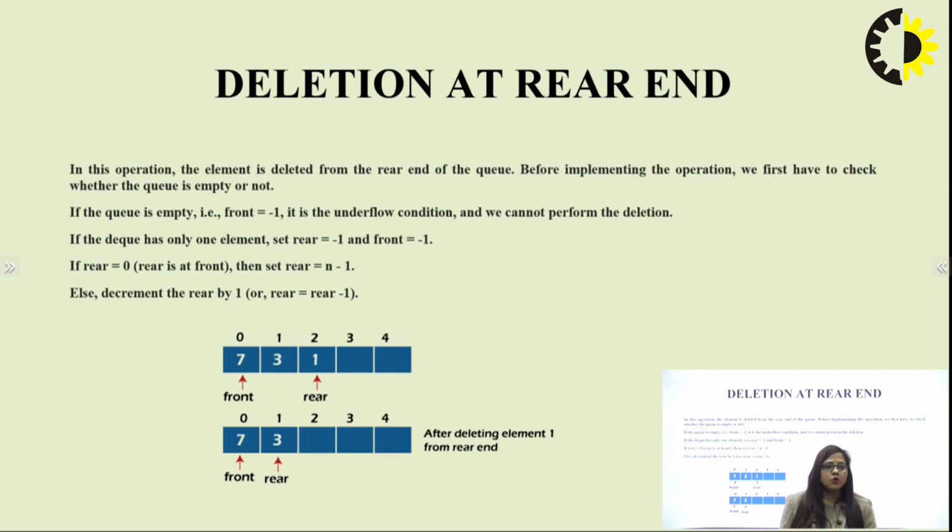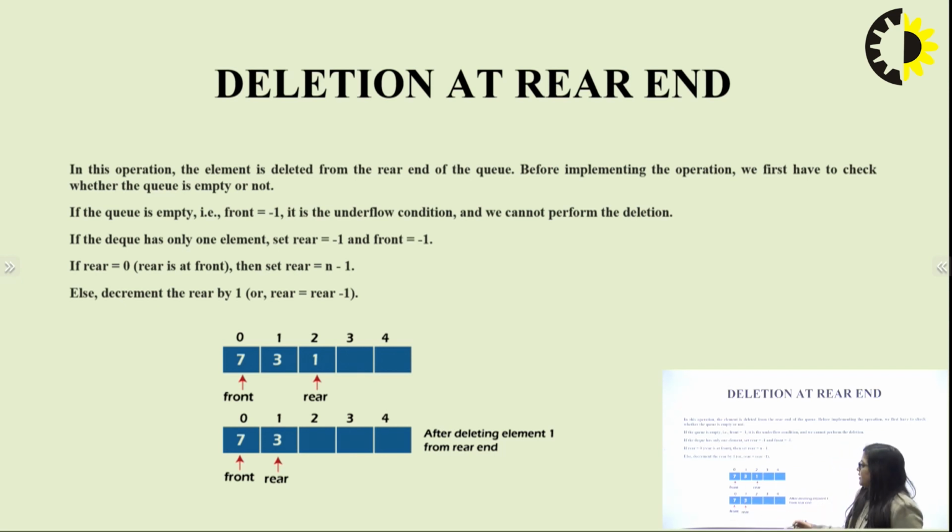If your queue is empty, then create an underflow condition. Otherwise, if your DQ has only one element, rear equals -1 and front equals -1. If rear equals 0, then you set rear to n-1, or decrease the rear by 1.